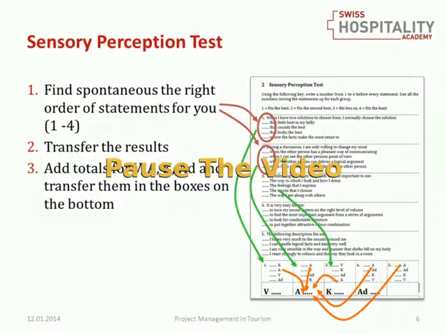Now, stop the video, fill in the test, go for it, and continue when you have these 4 sums at the end of the test. It's not a test with grades, by the way.